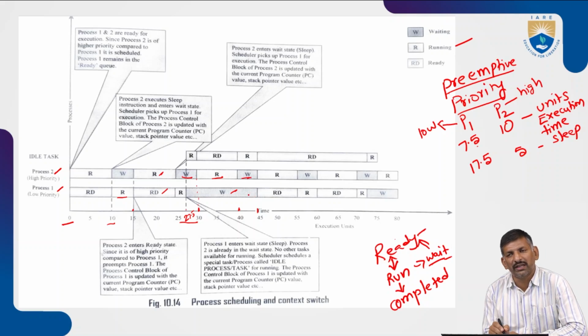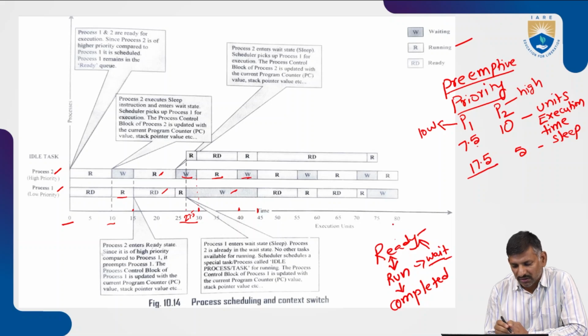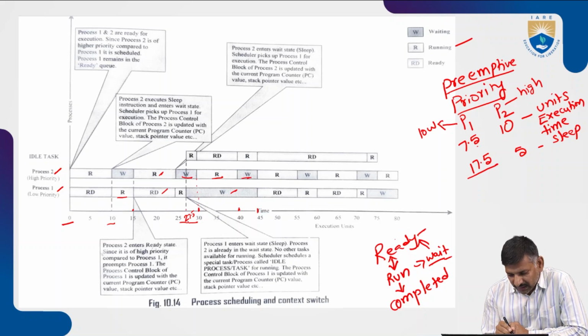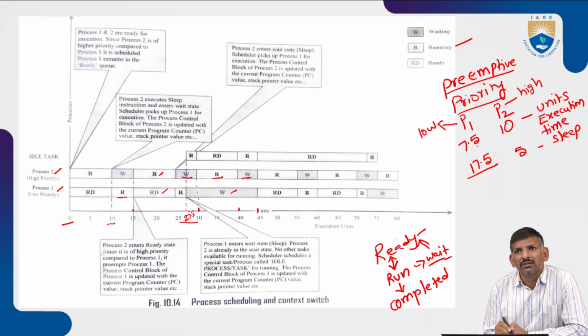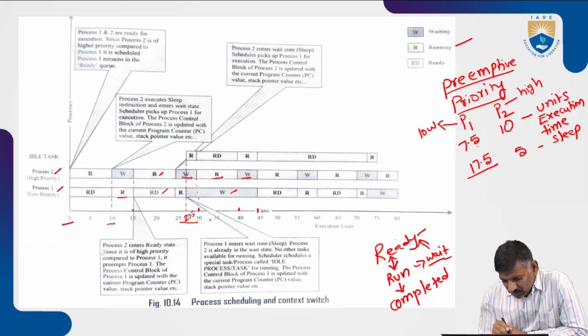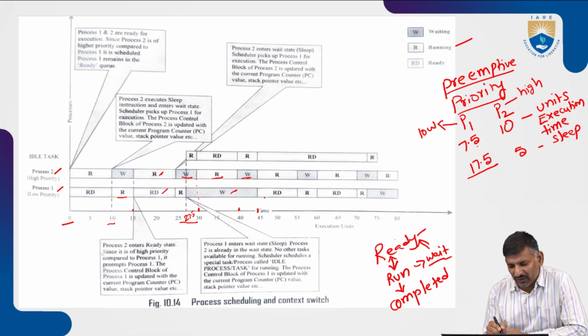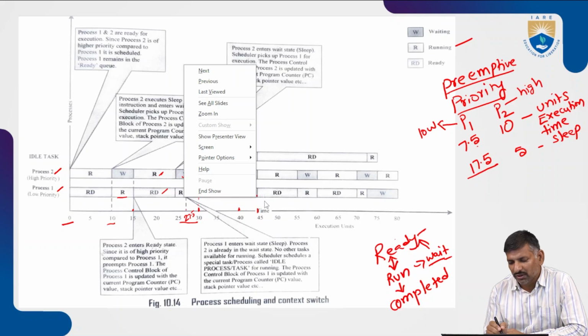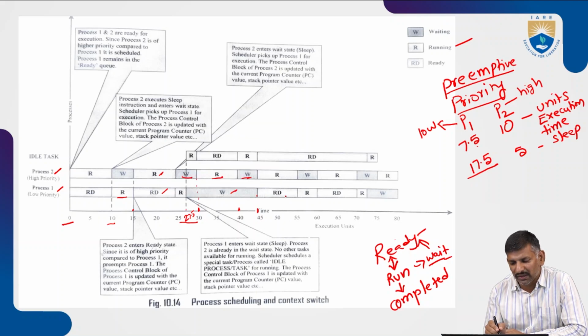P1 sleeps for 17.5 units of time. It has been waiting from 27.5 to 45, which is 17.5 units. After 17.5 units, P1 enters the ready state.